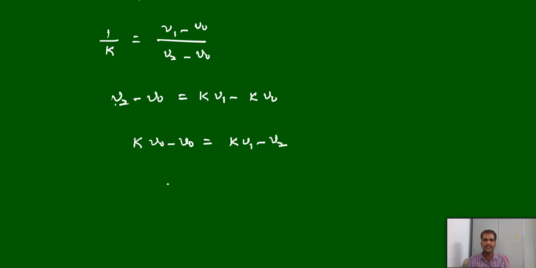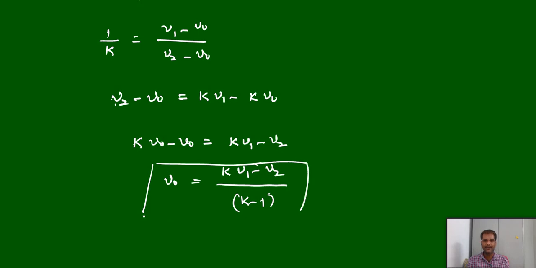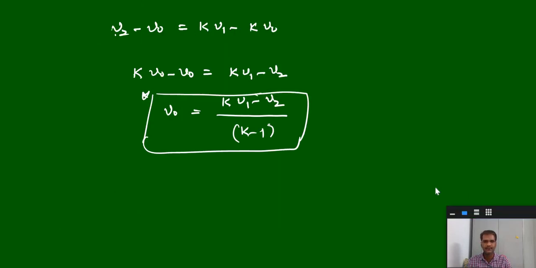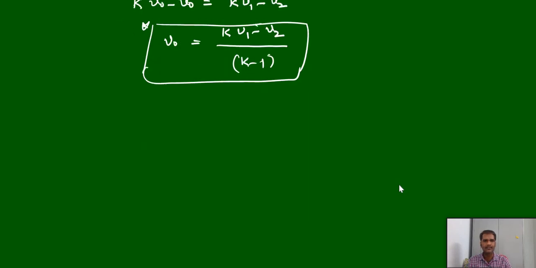Taking nu0 common, nu0 is equal to (k nu1 minus nu2) by (k minus 1). And this is the threshold frequency value. Only one more related question, an interrelated question only.